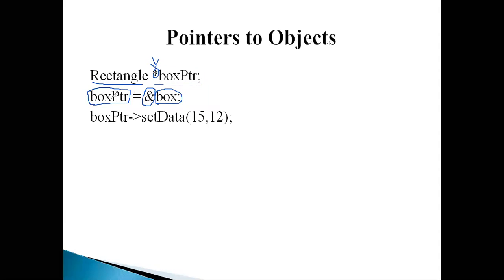So box star box ptr is equal to ampersand box. Now this is the pointer object. If you want to access any data member or data function by means of the pointer object, then definitely we have to use the arrow operator. By means of the arrow operator, we are going to access the data function which is there in the class. This is the way how we create a pointer object and how to access the data member by means of the pointer object.